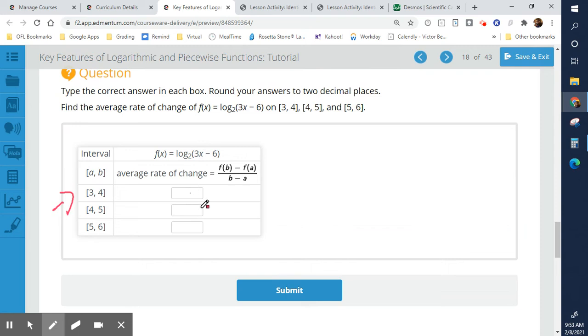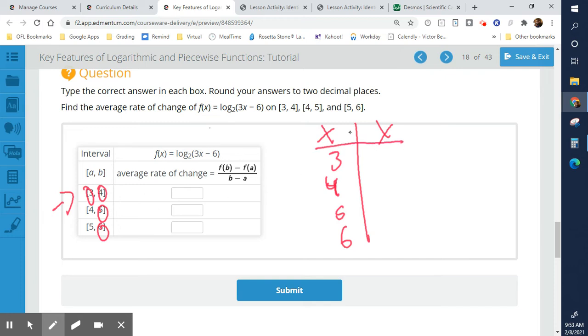Okay, I was just making sure I had enough time to do this. We're going to have to plug these values in. So you're going to have to make a table x and y. We're going to do 3, 4, 5, and 6 because there's an x value at 3, 4, 5, and 6. I'm obviously not going to repeat them.